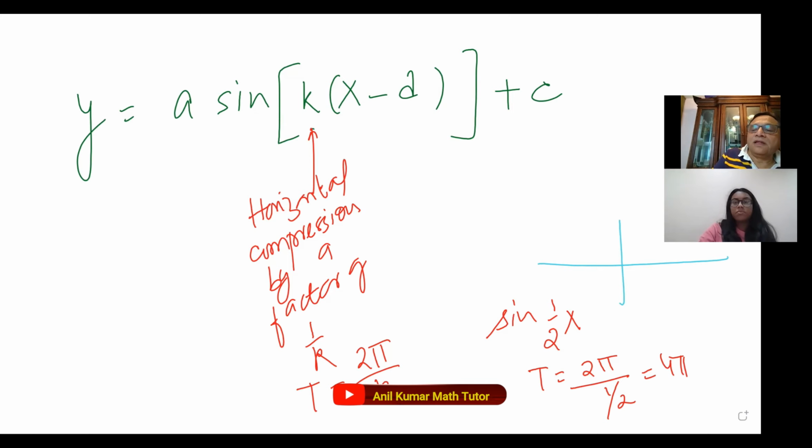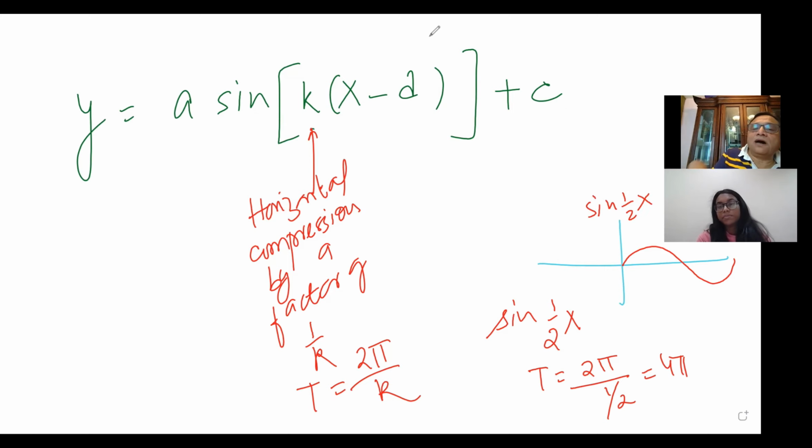If I sketch sine of half of x, only half a wave will be between 0 and 2 pi, and the full wave will be 4 pi, 2 times 2 pi. Because the time period now becomes 4 pi.